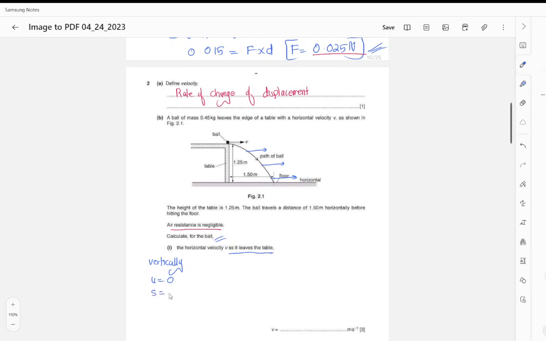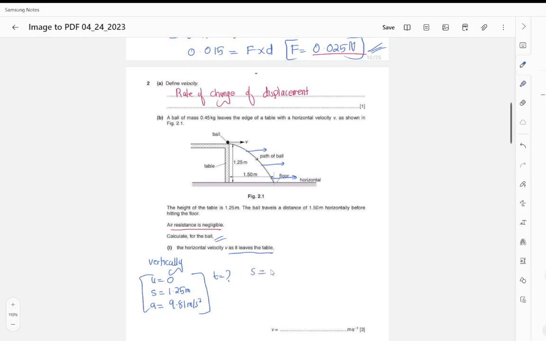The displacement vertically is actually 1.25 meters. Acceleration due to gravity is going to be, I'm going to be taking it as positive because we know when something is falling down, the vertical component will tend to increase. So this is going to be 9.81 meter per second squared. And finally, we can find T. So T is going to be the question mark.